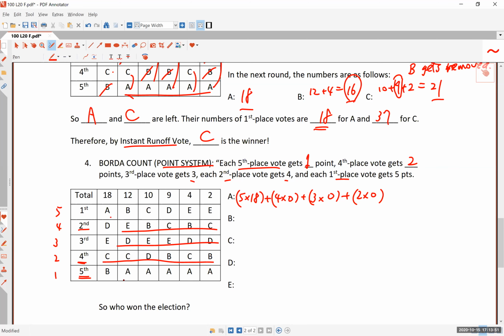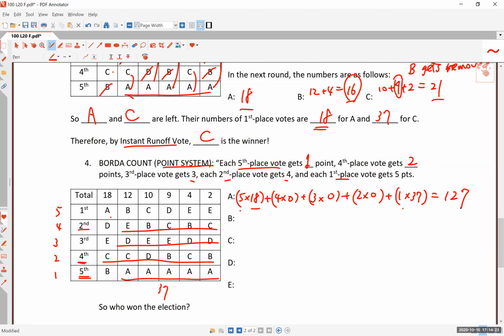And then finally, how many 1 point votes, which is basically fifth place, does A get? And the answer is all of these people. That's 37 of them. So this is the number of points A would get. You see that? So you have 18 5-point ballots and 37 1-point ballots is what A is going to get, and this adds up to 127.